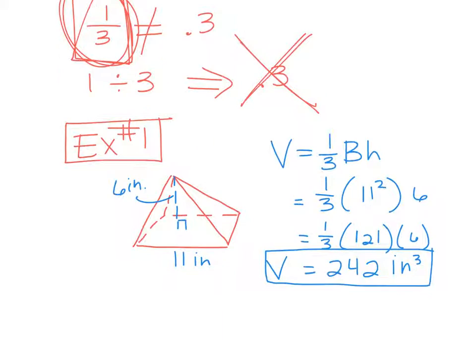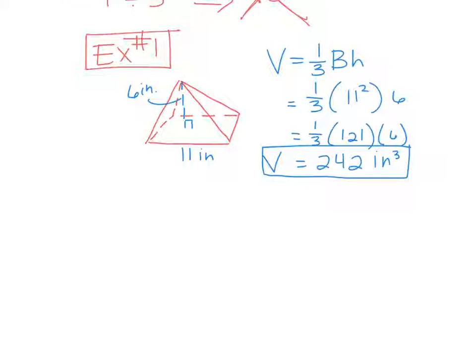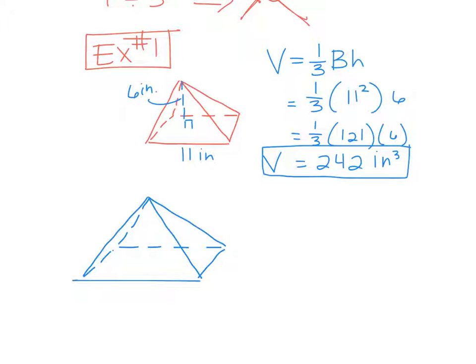Okay, what if your pyramid looks like this instead? Still going to be a square pyramid, so you can draw yourself a square pyramid. All right, for this one, you have 40, 40, and 25.